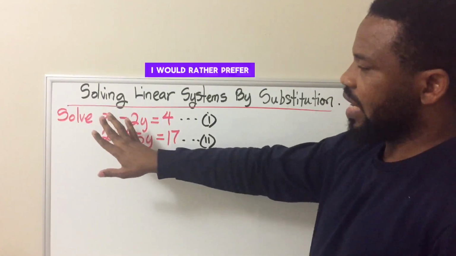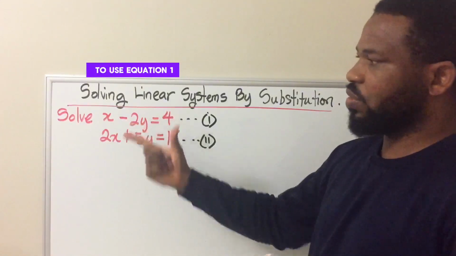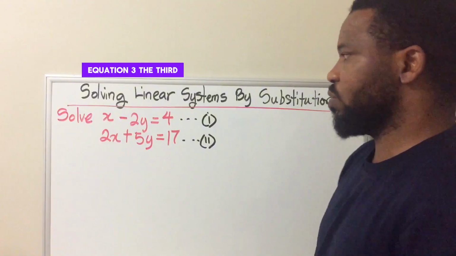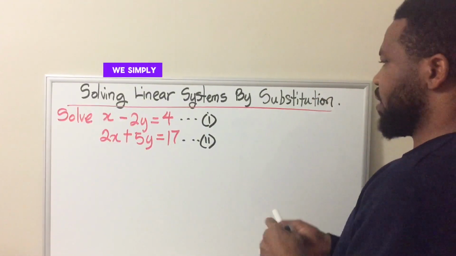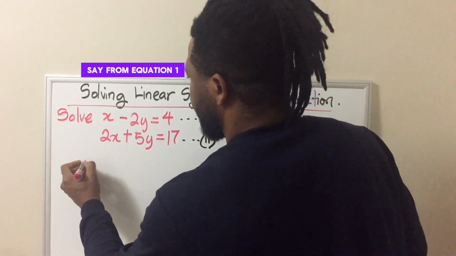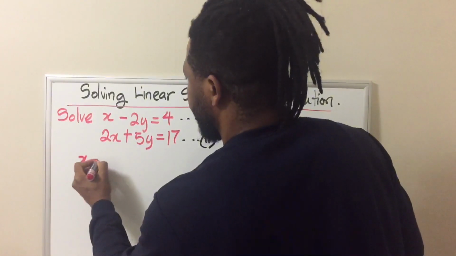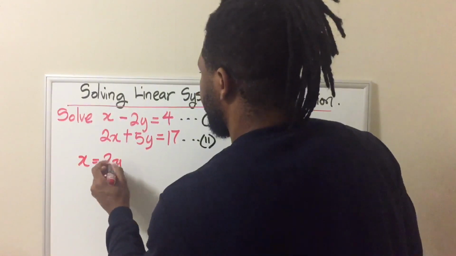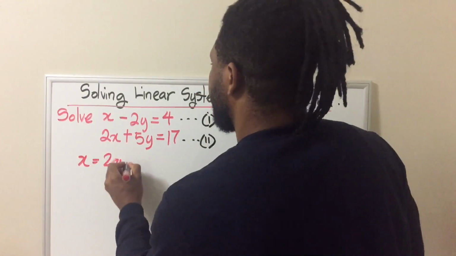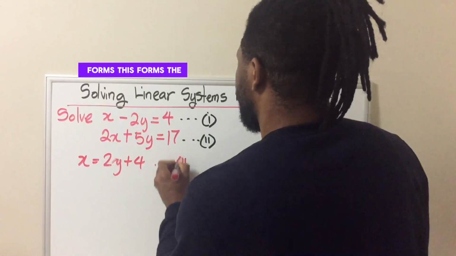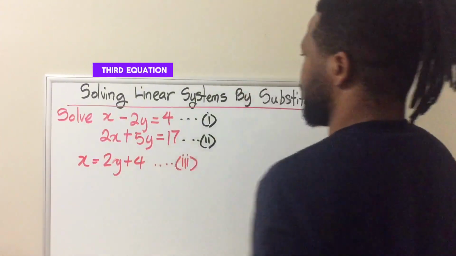So for this reason, I would rather prefer to use equation 1 to form equation 3, the third equation. To do that, we simply say from equation 1, I can say x equals 2y plus 4. And this forms the third equation.